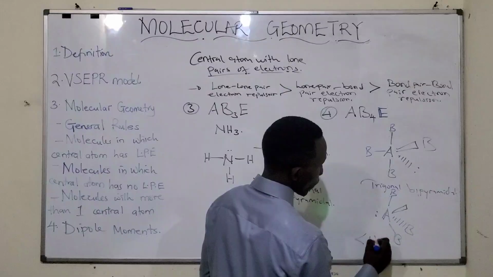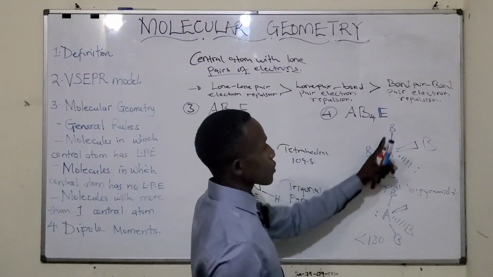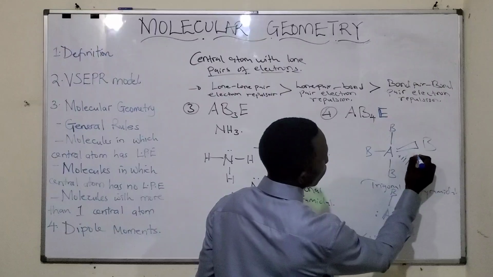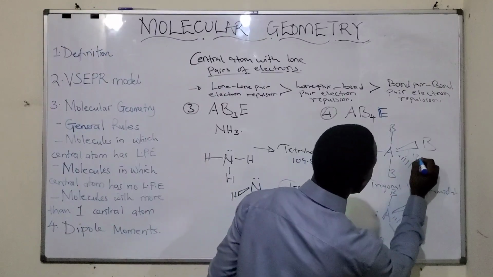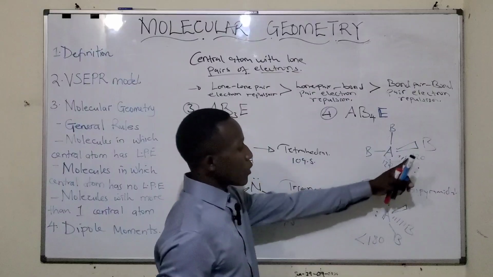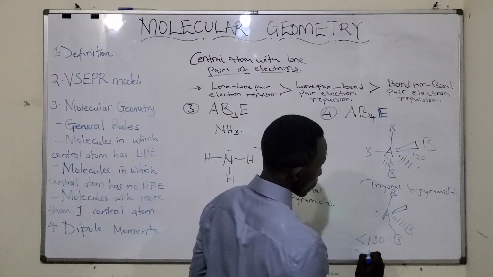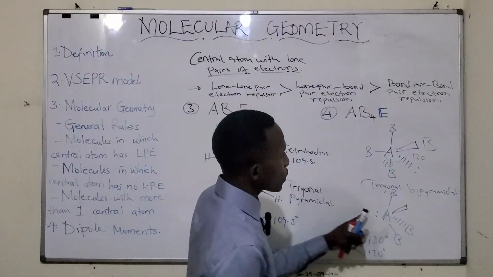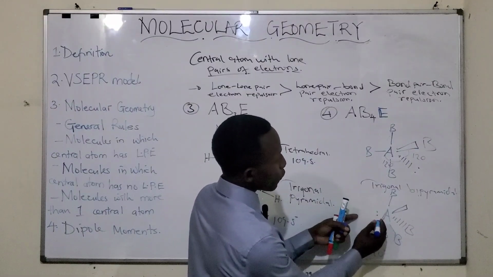It's less than 180 degrees, not like this one at 180. And these ones were at 120 degrees, these angles, but now they will reduce. They are less than 120 degrees. They reduce because of this lone pair of electrons.